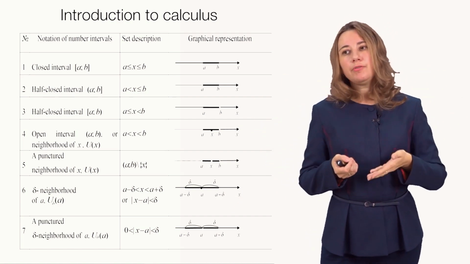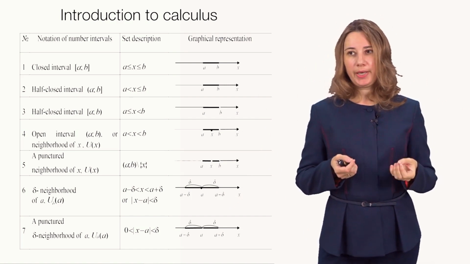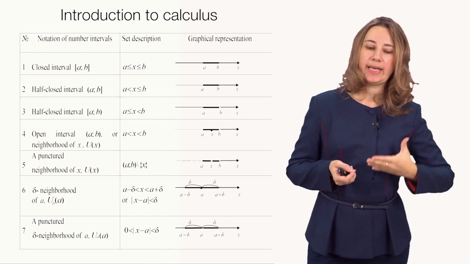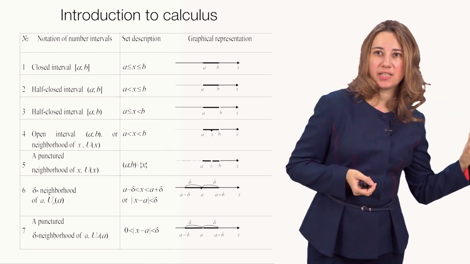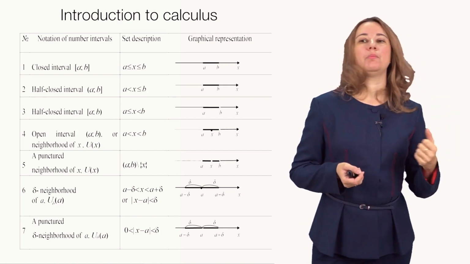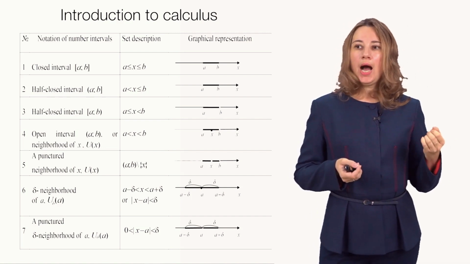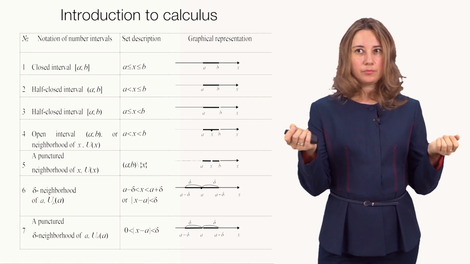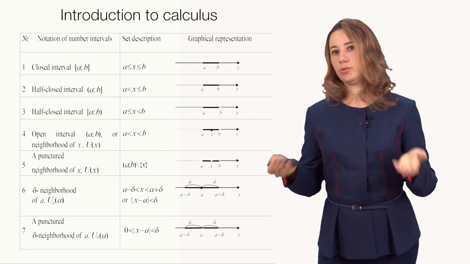While for the half-closed interval, we should replace the left inequality with the similar strict inequality, x is greater than a, but not equal to a, of course, and draw a hole on the real line. So a is excluded.